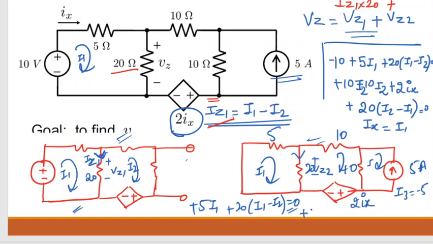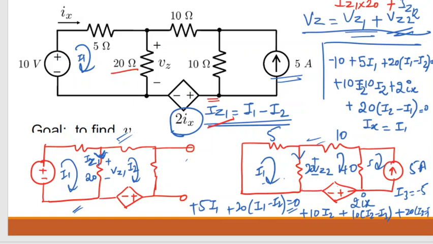And for the second mesh, plus 10 I2 plus 10(I2 minus I3) plus 20(I2 minus I1), right? And I1 is equal to Ix. Again solve I1, I2, I3, that you will get IZ1, IZ2 multiplied with 20, then you will get VZ1 and VZ2, and you will get VZ. Okay.